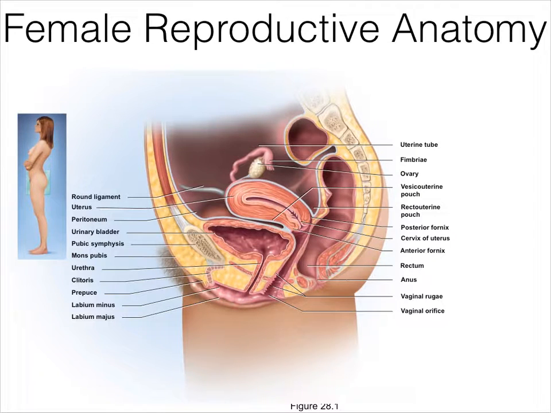The uterus we will be examining in more detail, but it has several layers of tissue. And at the inferior end, or at least the end that is adjacent to the vagina, we have the cervix of the uterus right here, which is basically the opening of the uterus. The uterus opens into the vaginal cavity right here.